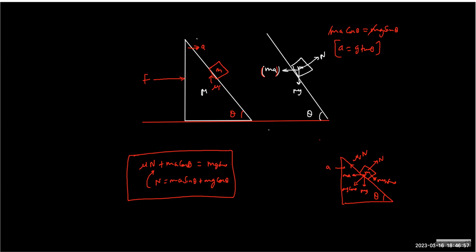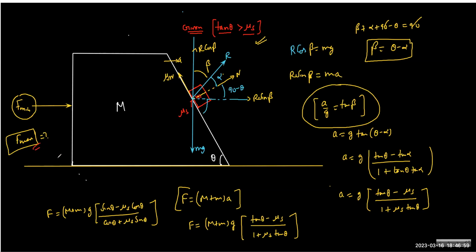So in the previous problem, if I ask you what is the maximum force, what will you do? The tendency of the block will be to go up the plane. So mu N will reverse, the sign will be changed. The resultant R will be below the normal, by the same angle alpha, but below the normal, and therefore the sign will change.